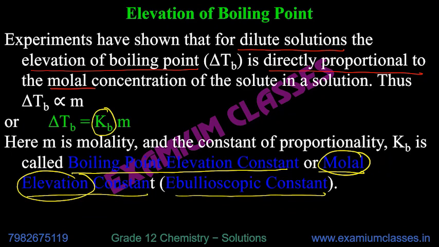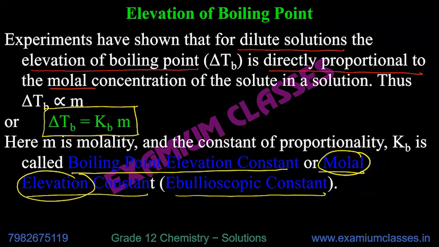This relationship you will be using in calculations. Delta TB equals KB m. And it is very similar. The concept of elevation in boiling point and depression in freezing point, the formulas are just analogous. So if you just remember one, you can use the same formula for the other one.